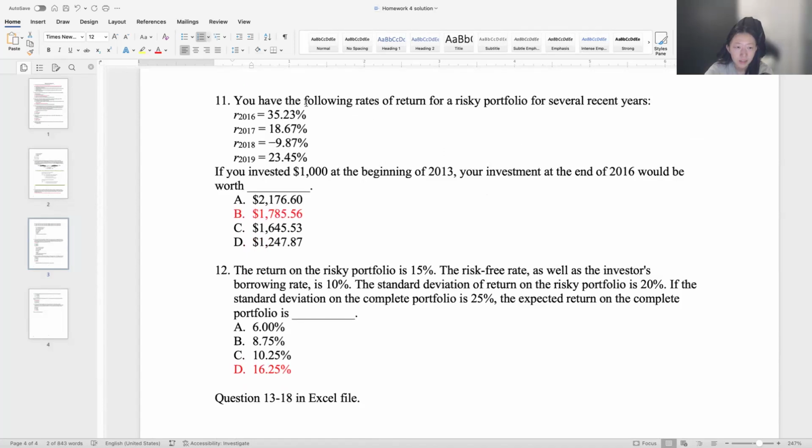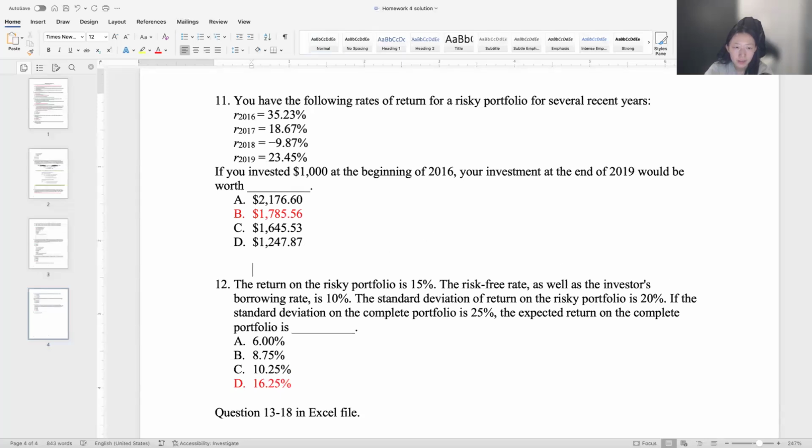Okay, moving down, if you have the rate of return for a risky portfolio for several recent years, and the return shows like this, if you invest 1,000 at the beginning of, I believe this is 2016, and then you invest until the end of 2019, then the worth would be, so we'll be calculating cumulative return.